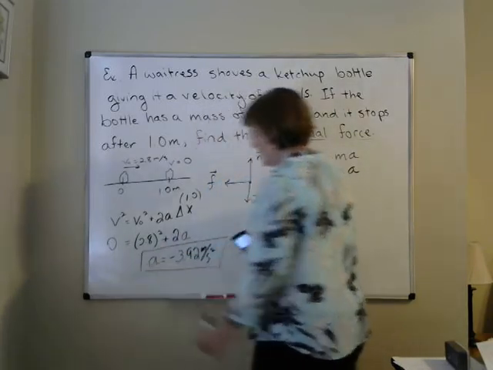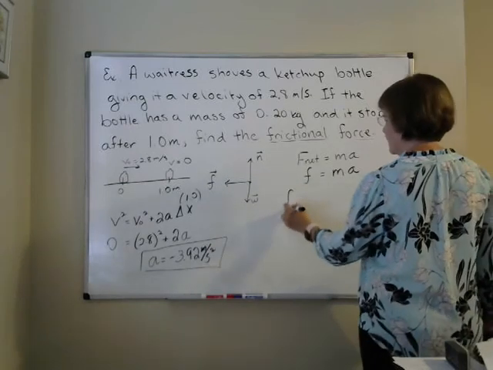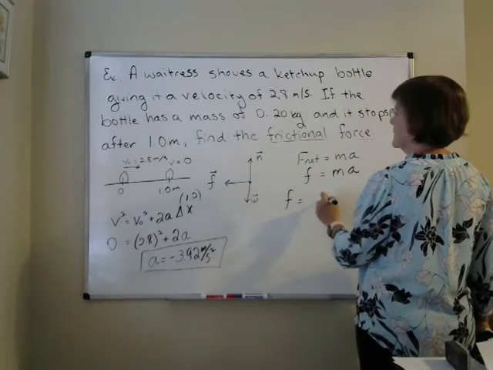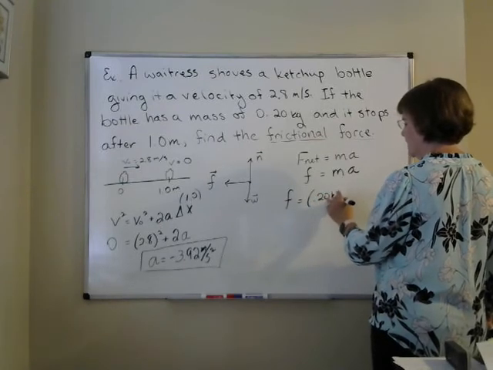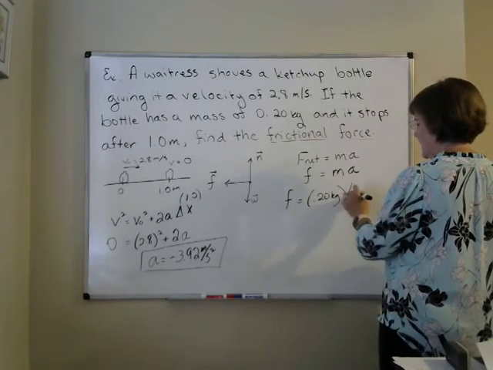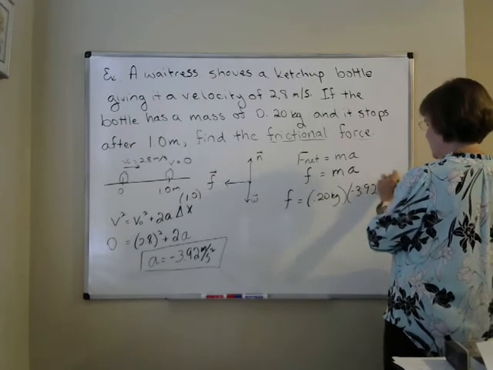They didn't ask for the acceleration, but that's what I got. That means my frictional force is mass times acceleration, so 0.20 kilograms times negative 3.92 meters per second squared.